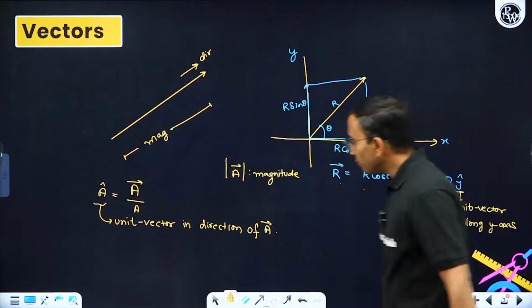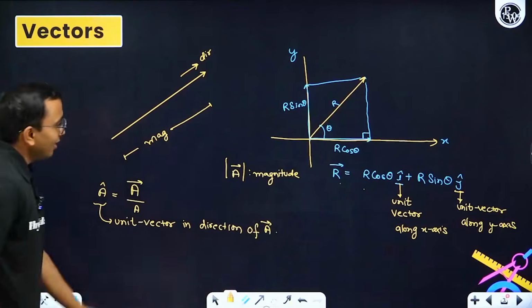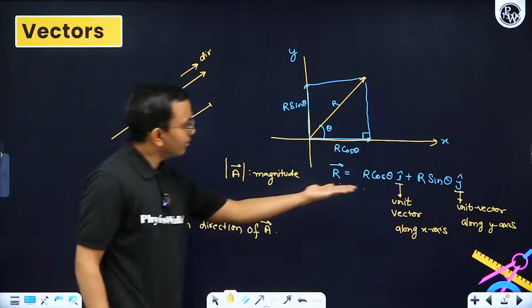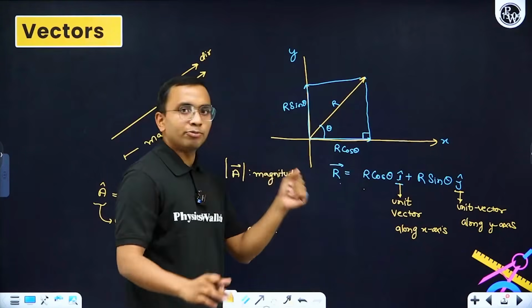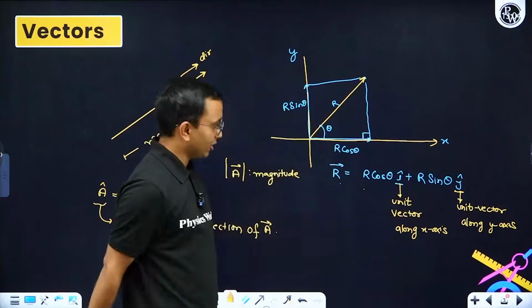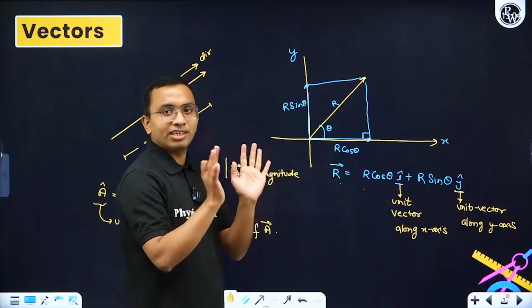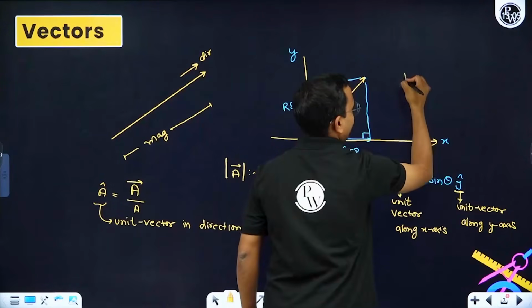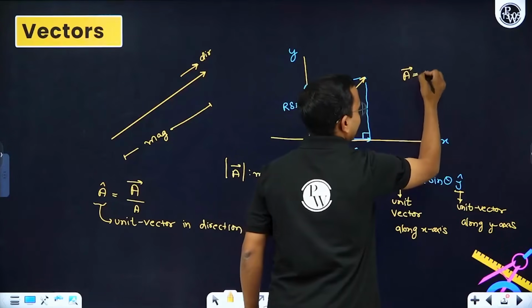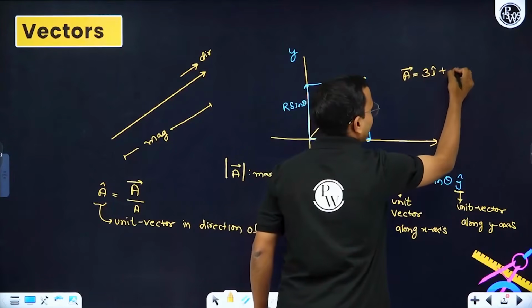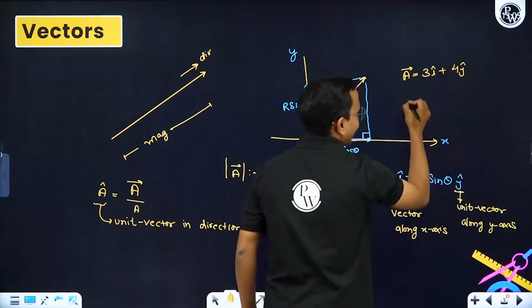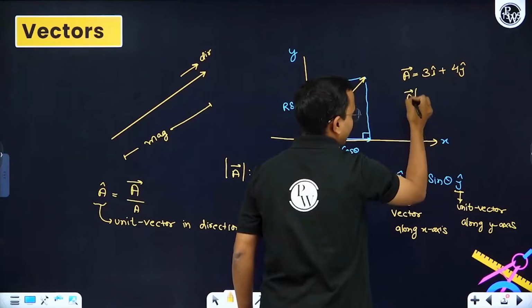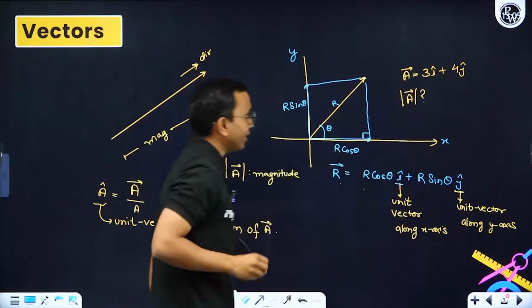Now let us take some vector in terms of i cap and j cap. First of all, I'm talking in 2D only. Let us take my vector A as 3 i cap plus 4 j cap. If I ask you what is the magnitude of this particular vector, how will you find it?